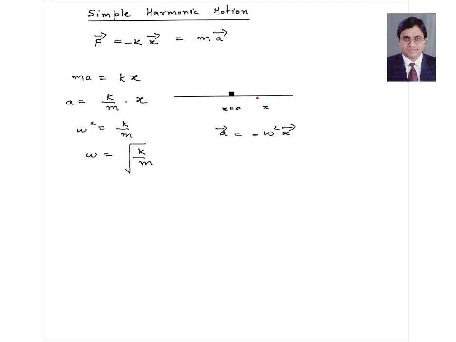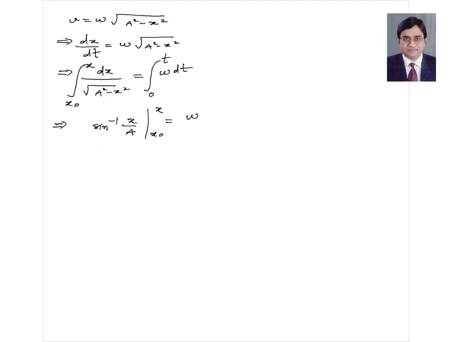When the mass goes to the right, left, right, many things change. Speed changes, acceleration changes, force changes, x vector changes. But k doesn't change. Omega doesn't change. So k and omega are constants for a particular SHM. They are not universal constants. So omega comes out of the integral, t from 0 to t.